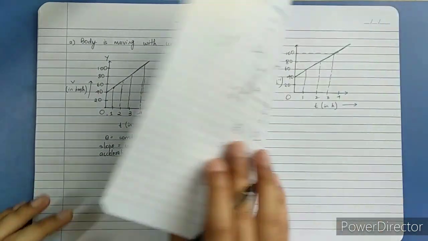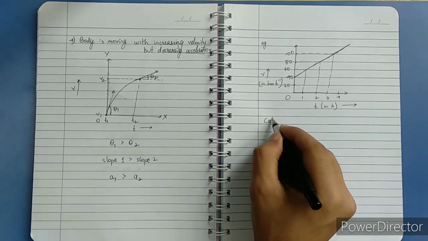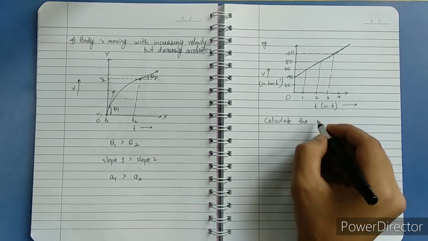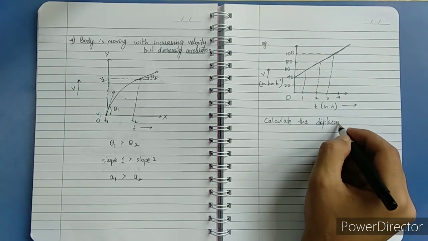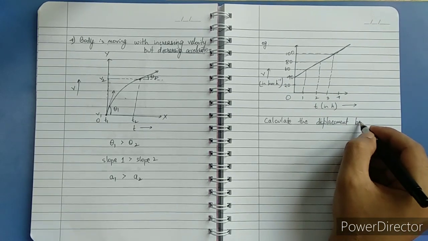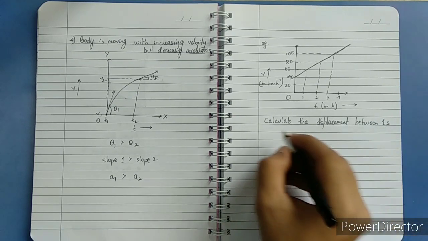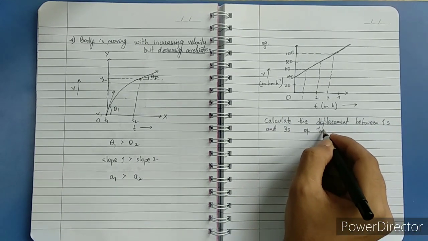This is perfectly fine. Do this separately as an example. Say we are given, calculate the displacement between 1 second and 3 seconds of the body.